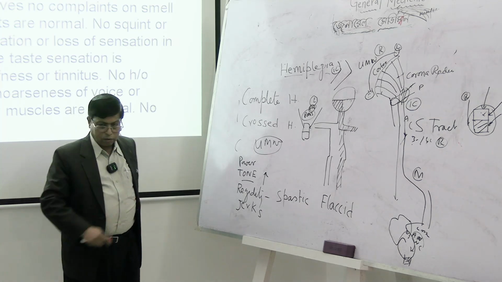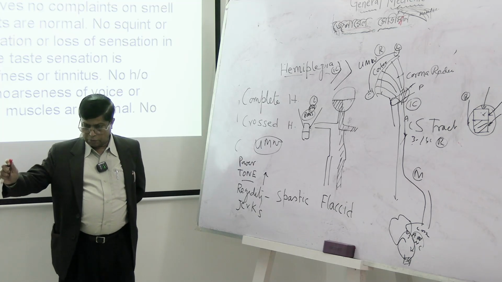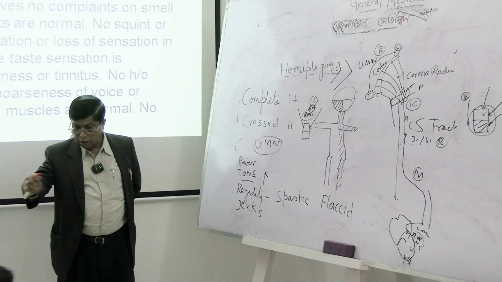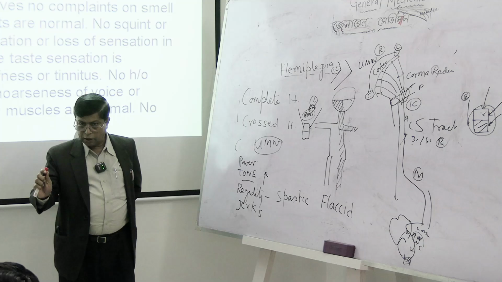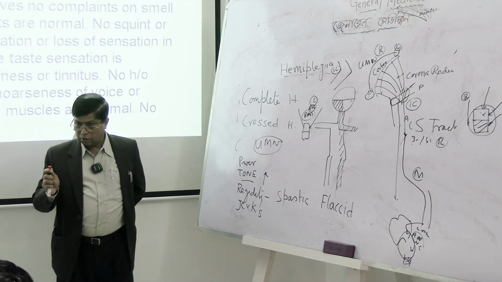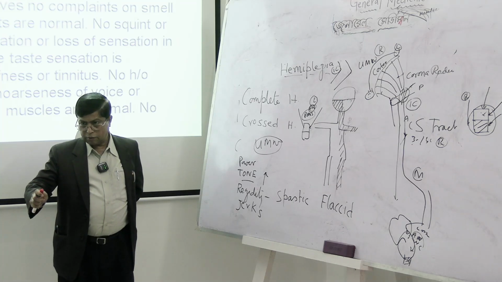Jerks will be increased in corticospinal tract lesions. Though in Guillain-Barré, some exceptions are there. Jerks may be intact in some cases, but you do not have to remember that. You being an MBBS student, remember the classic things. In Guillain-Barré, jerks will be decreased.